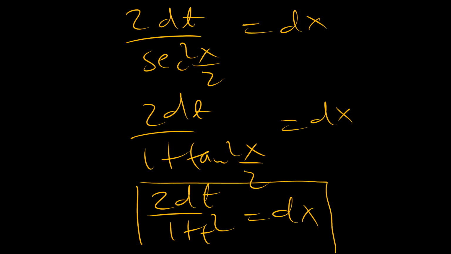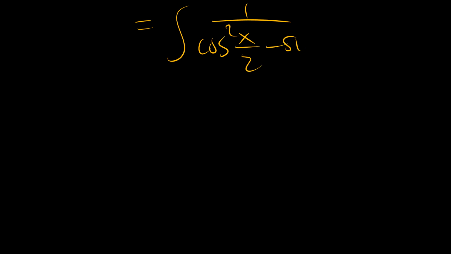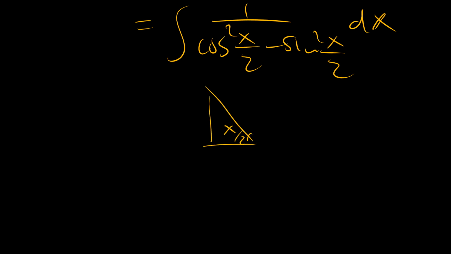So this is our first substitution, but we have a problem where we have 1 over cosine squared x over 2 minus sine squared x over 2 dx. If this is the base angle x over 2, and tangent is opposite over adjacent, it means the hypotenuse is the square root of 1 plus t squared.